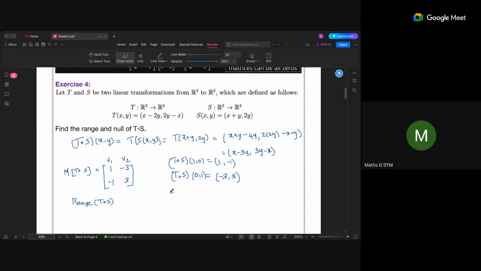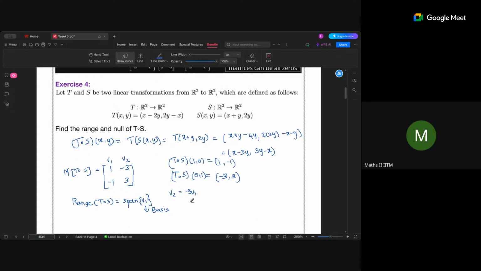You can see that V2 is minus 3 times V1. So this is just the span of only V1. Yes or no? So V1 forms a basis for the range. Is this fine? Yes, ma'am. So you can see that this is the set of all (alpha, minus alpha).